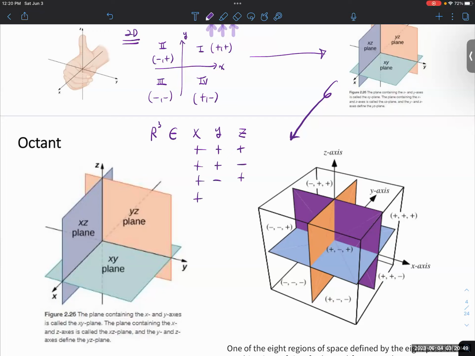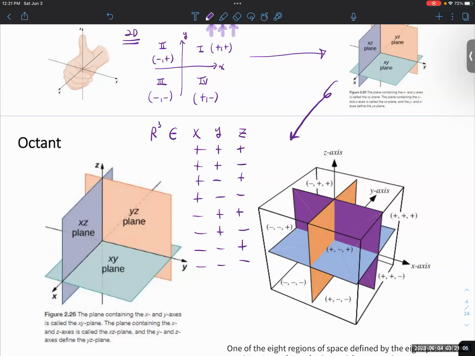Or you could have positive, what else? Negative, negative, and negative, positive, positive, negative, positive, negative, negative, negative, positive. I'm just writing all the combinations. And what else? So we have pretty much 1, 2, 3, 4.